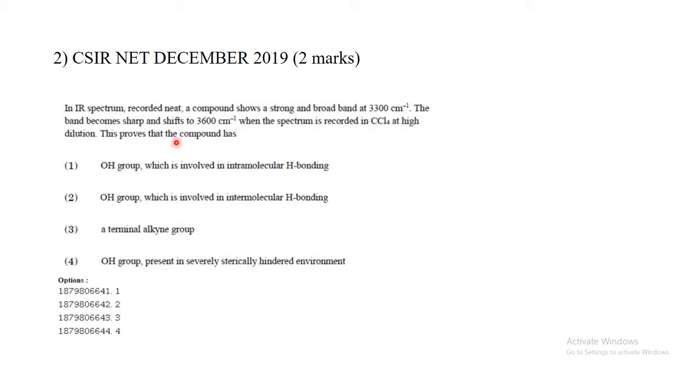So this proves that the compound has, and we have been given 4 statements. The first statement is OH group, which is involved in intramolecular hydrogen bonding. The next statement is that the compound has OH group, which is involved in intermolecular hydrogen bonding. Third is a terminal alkyne group, and the fourth is OH group present in severely sterically hindered environment.